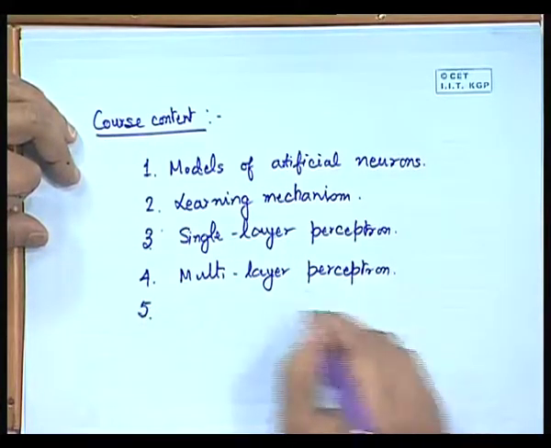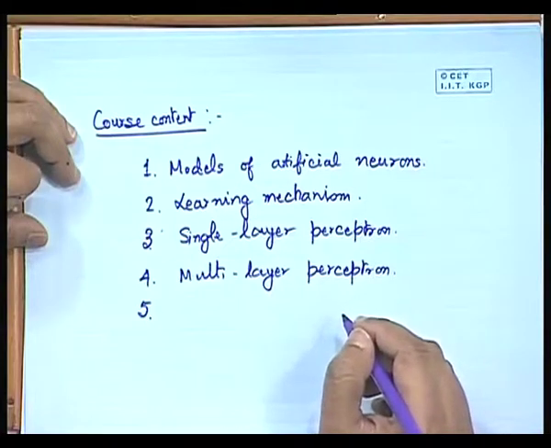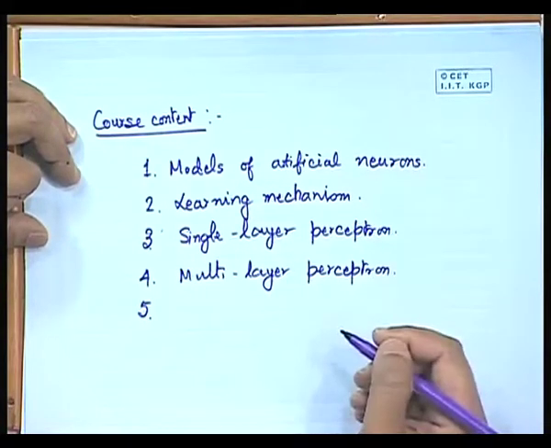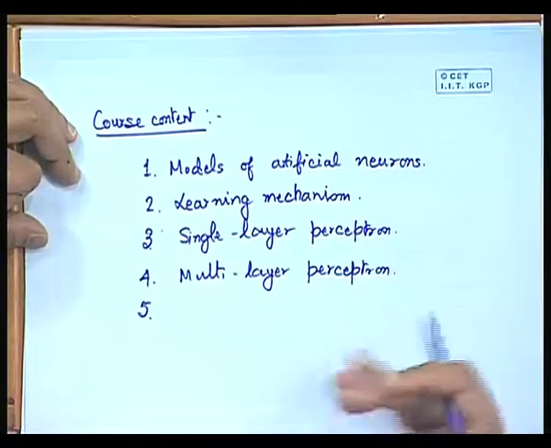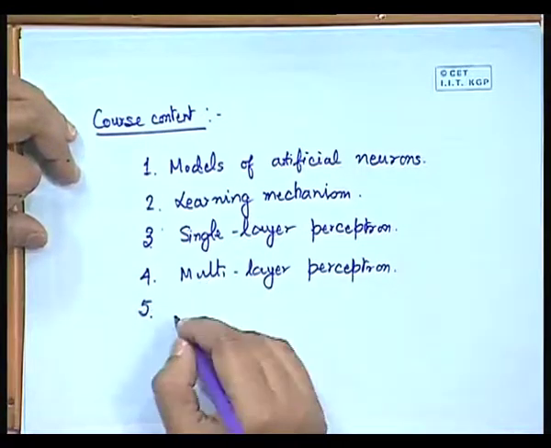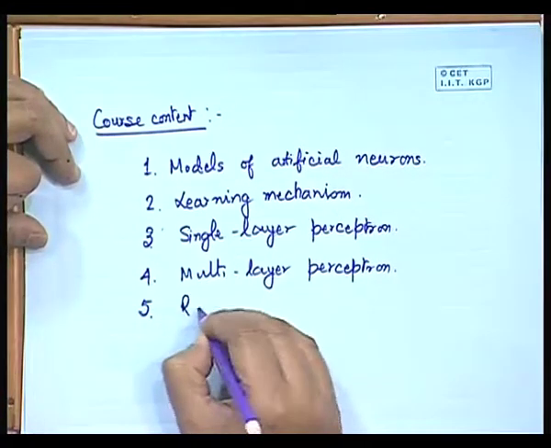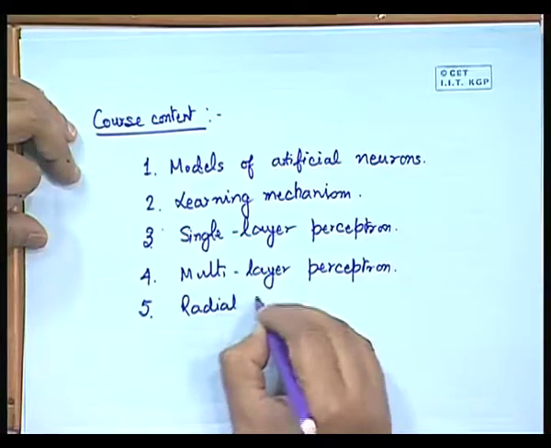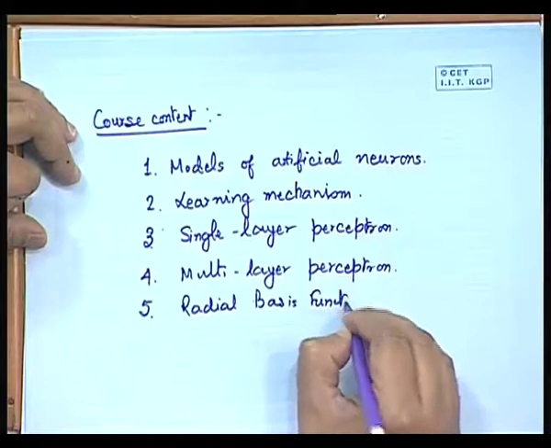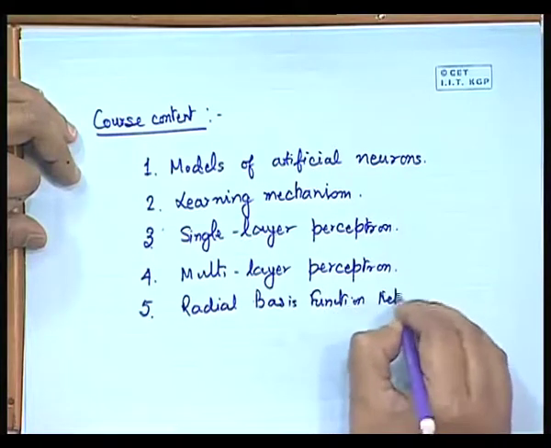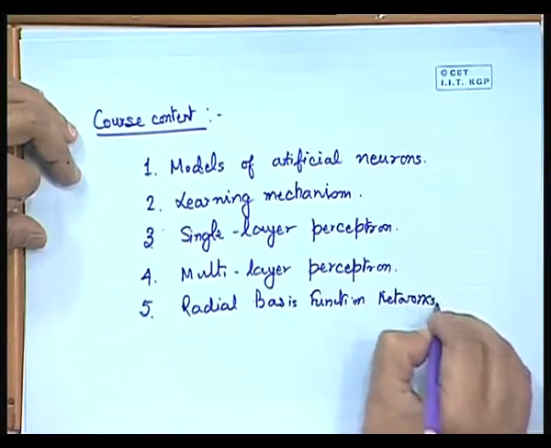Problems which are not linearly separable can be solved using multi-layer perceptrons, and they can also be solved using what is called radial basis function networks. That also we are going to cover in this lecture series.